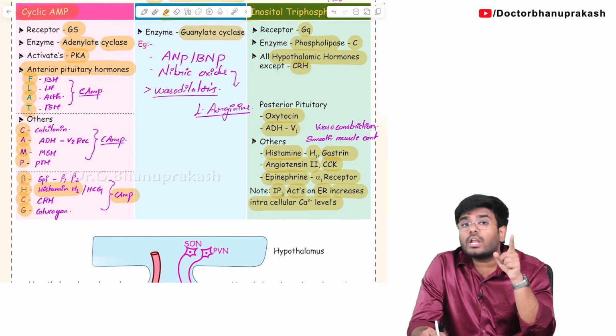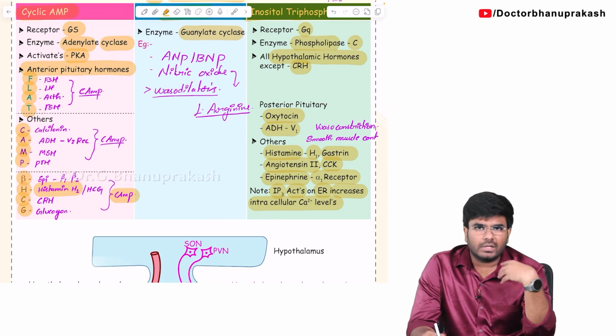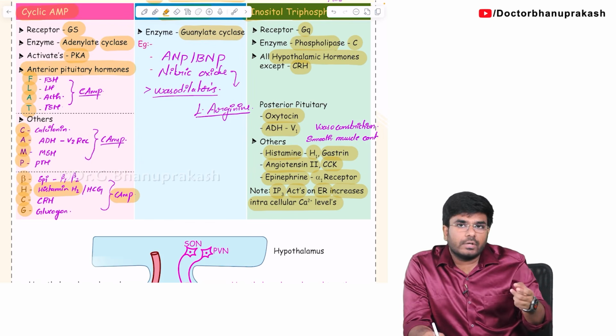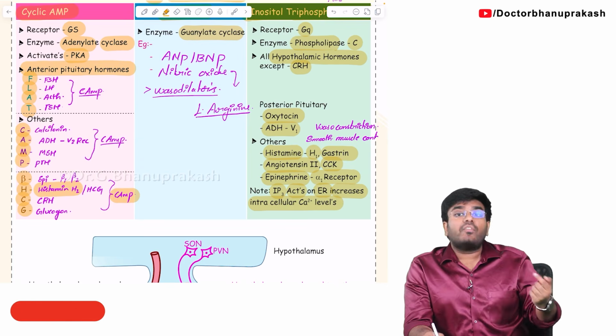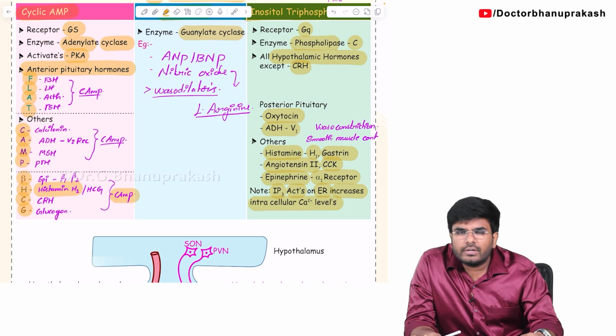And what about cholera toxin? Whenever you get contaminated food or water, you can get Vibrio cholerae into your body, and Vibrio cholerae produces the cholera toxin. What will cholera toxin do? It enters our gastrointestinal epithelial cells, and after entering, it increases the levels of cyclic AMP.